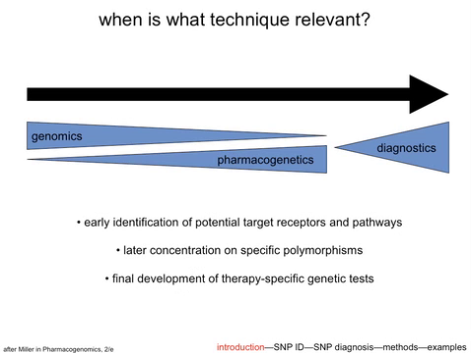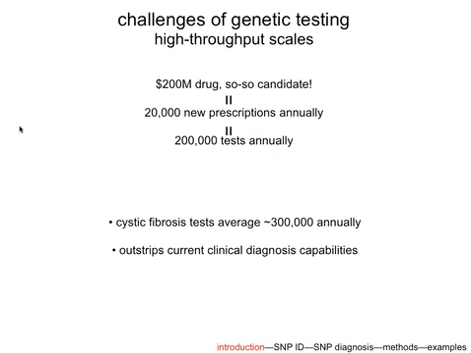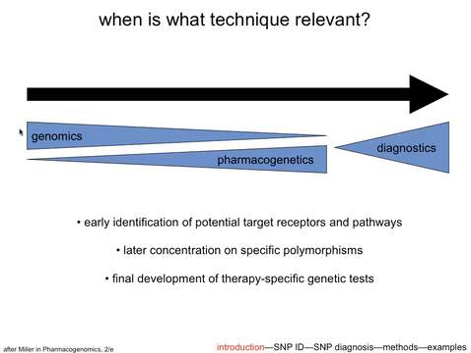Okay, so when is what technique relevant? So let's think about this y-axis as being the amount of money or time that we put into a particular program or problem, and this is the lifetime of the development of a drug. And so genomics might be a great place to start for the identification of potential targets.